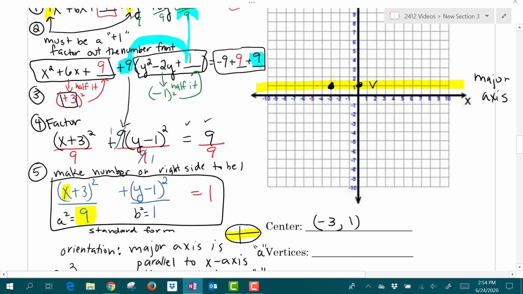We'll go to the left 3 units, plot a point. And then we're going to label those points. Let's see, on the left that would be -6, comma, y value of 1. And to the right that would be an x value looks like of 0 and a y value of 1.